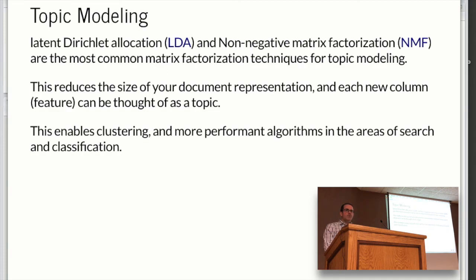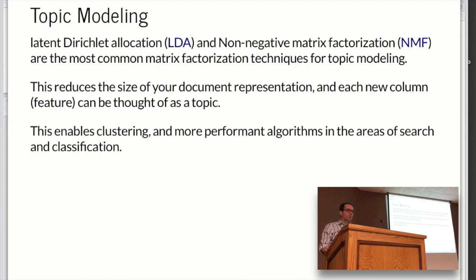From there, a common thing to do is topic modeling. On a real body of text, this matrix could easily have 20, 30, 40, 50,000 features or columns. That's not very wieldy for a lot of things. A lot of things that might require inversion of that matrix aren't possible. So pretty commonly you would want to decompose your matrix with something like PCA.